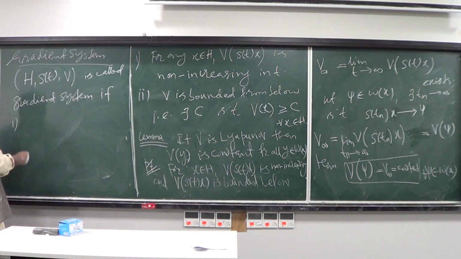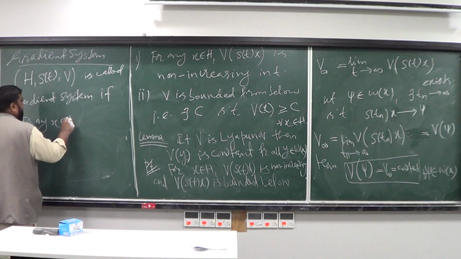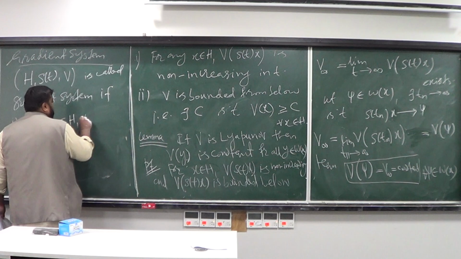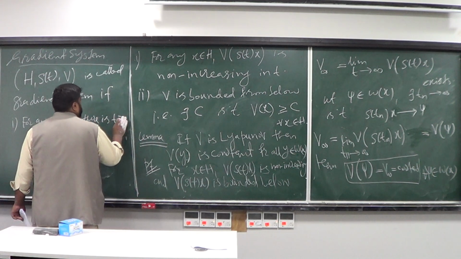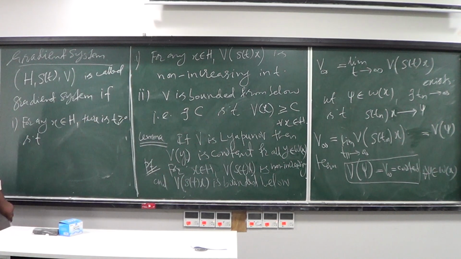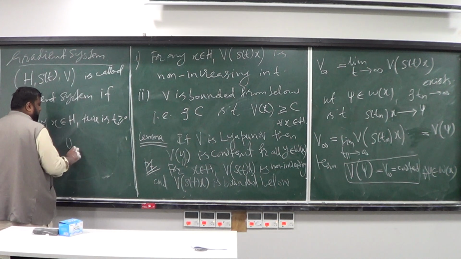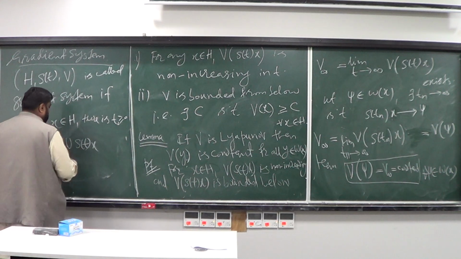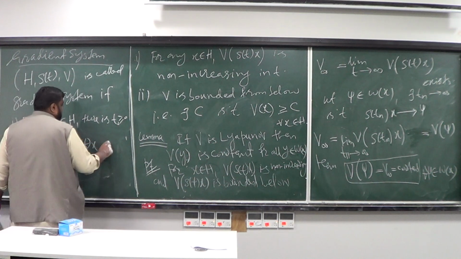Number one, for any x in H, you can always find an instant t0 such that the union of the trajectories S of t operated onto x, where t is bigger than or equal to t0, is relatively compact.